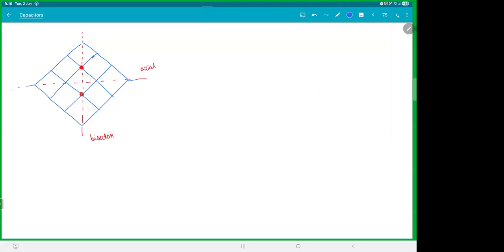If I fold the circuit, it will look like this. Let's fold. I'll put the axial symmetry first. Fold. When you fold it, the circuit will look like this.